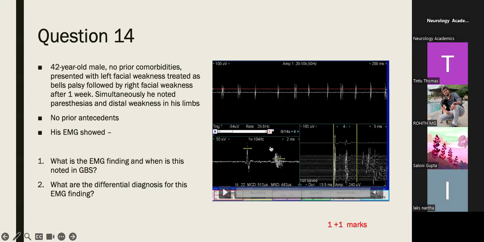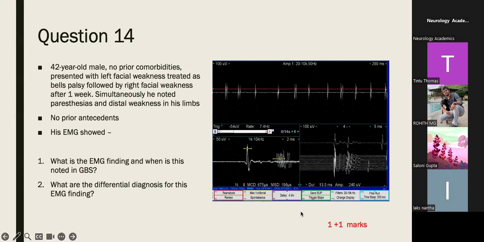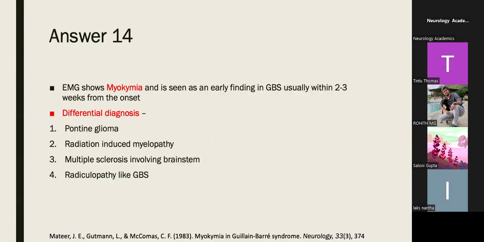And this question where the patient had left facial weakness followed by right facial weakness, with the EMG showing this. The question was, what is the EMG finding? The answer would be myokymia. It can usually be seen as an early finding in GBS within 2 to 3 weeks from the onset.